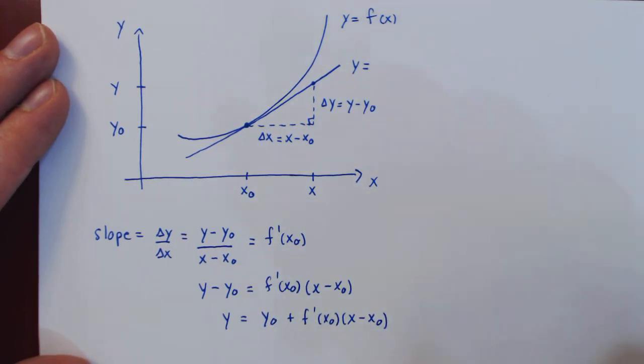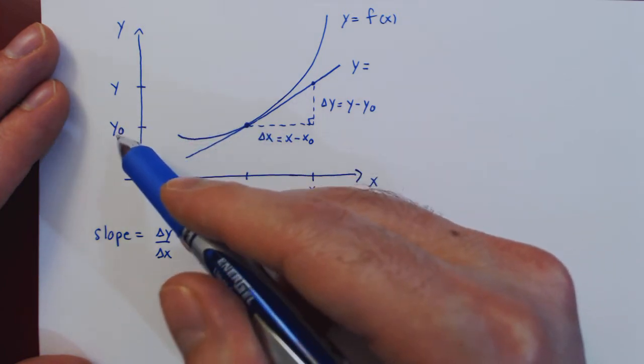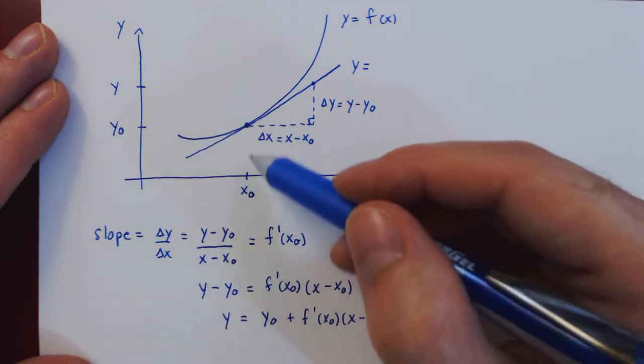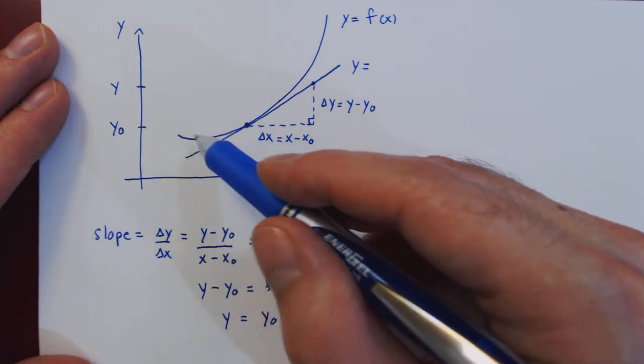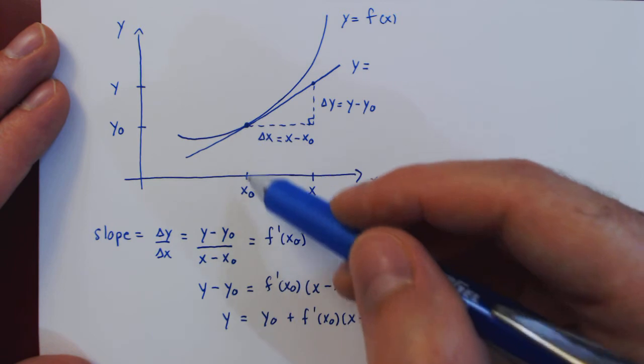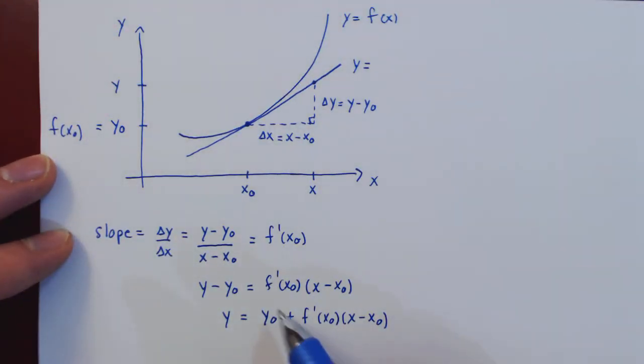And we can now make one last observation. If you look at the y value y0, it is not only a y value for the tangent line, but also the exact y value of the function at x0. So y0 is also f of x0. So we can now make the substitution.